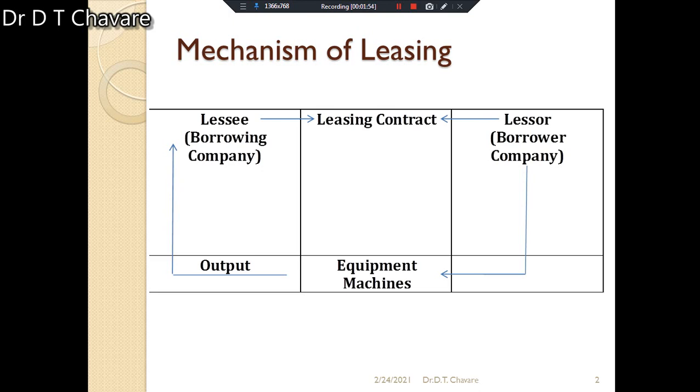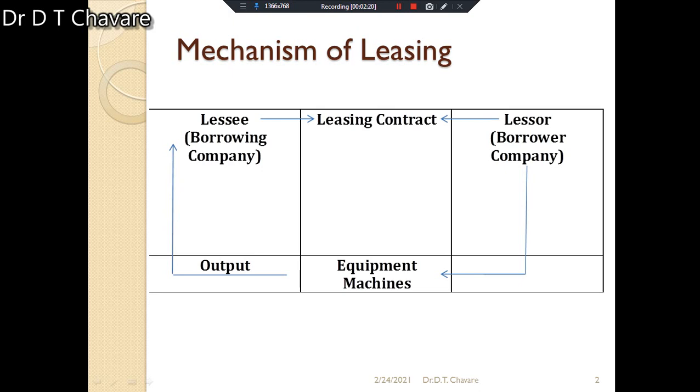Now we have to study the mechanism of leasing. Which mechanism is used in leasing? This mechanism may be explained by the following diagram. The diagram is given here, and there are two parties. One party is the lessee, the borrowing company, and the other party is the lessor, the lender company.